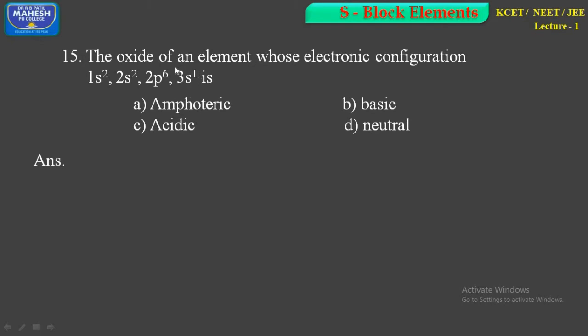So in the outermost shell, we are having one electron. So this corresponds to alkali metal and it is sodium metal with 11 electrons, and alkali metals form basic oxide. So the right answer is option B, basic.